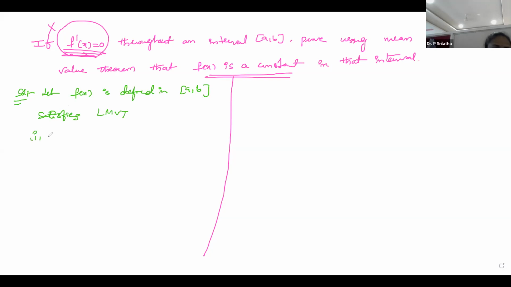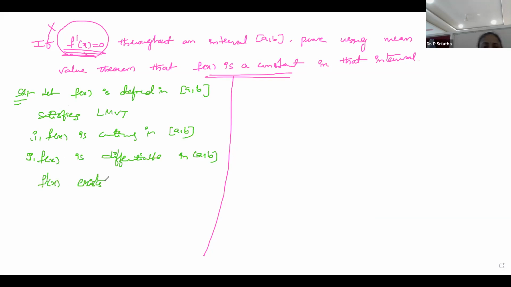Okay. And f of x is continuous in closed interval a comma b. And second one is f of x is differentiable in open interval a comma b, and f dash of x exists. So differentiable means f dash of x exists in open interval a comma b.